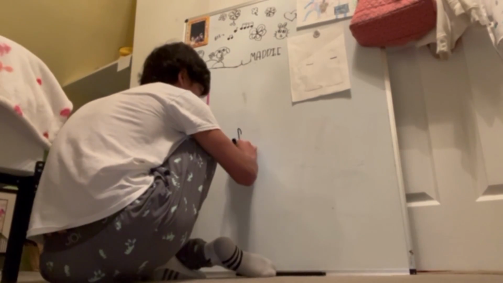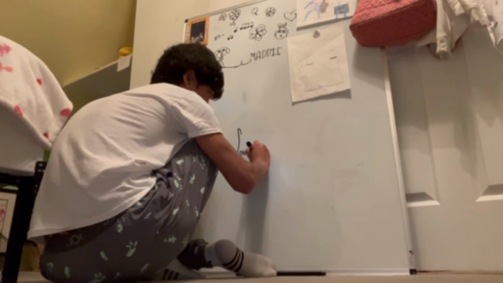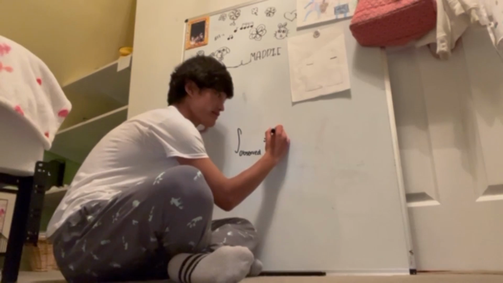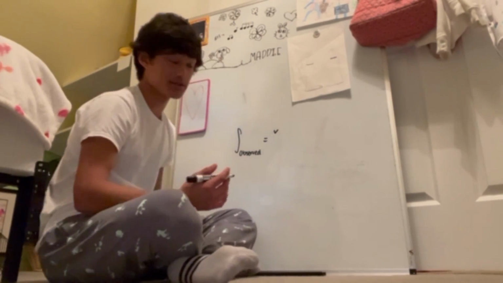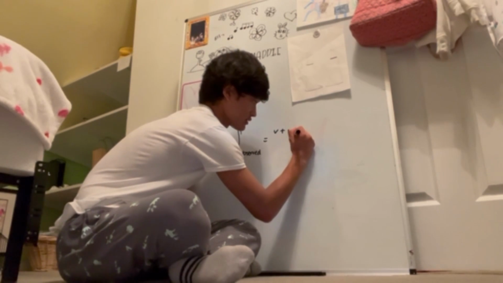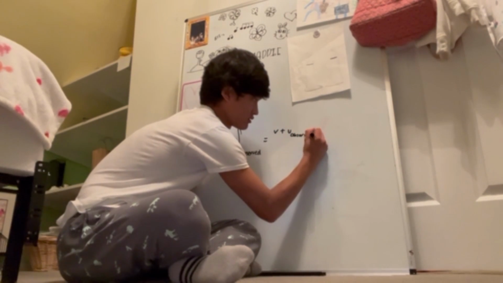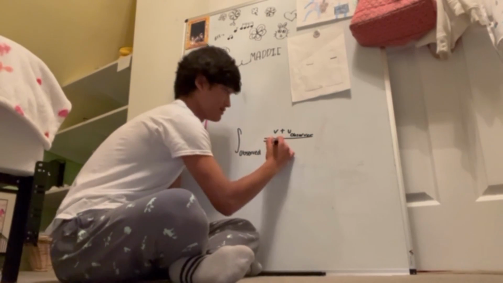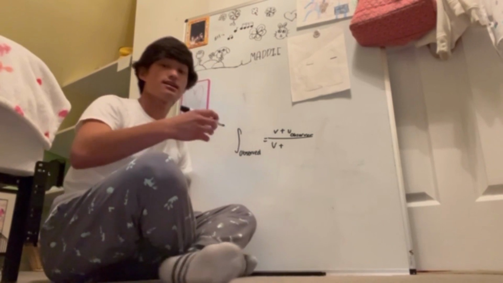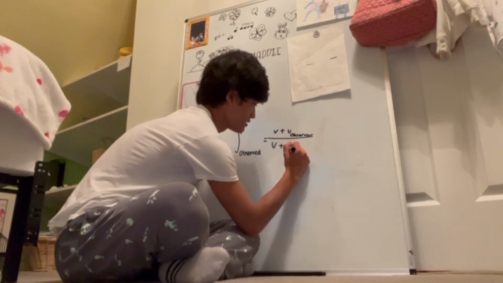And now it's time to learn what's actually going on mathematically behind the scenes. All right, thanks, Michael. So, to find the frequency of the observed sound, you need to have the velocity of wave propagation plus the velocity of the observer, all divided by the velocity of wave propagation plus the velocity of the source.